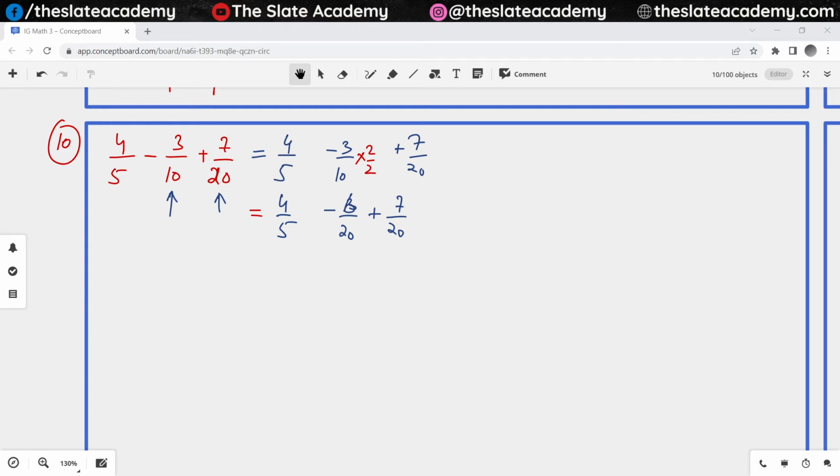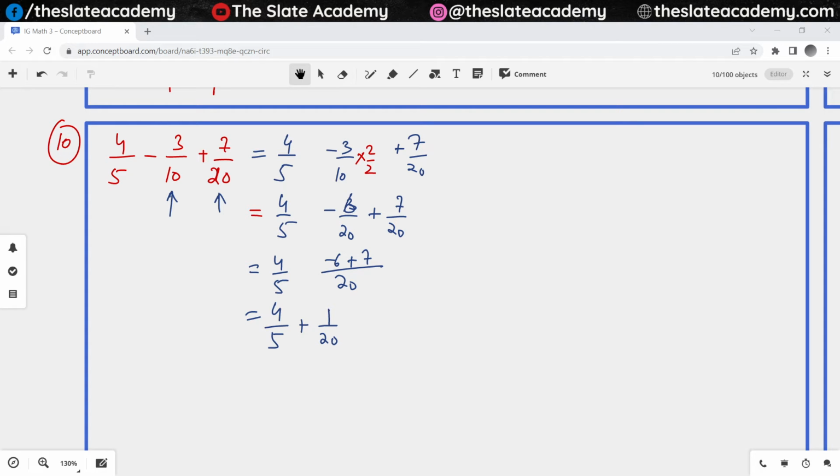And then this would become 4 by 5. Here 20 is the same, minus 6 plus 7. So minus 6 plus 7 would be 1. So it would become 4 by 5 plus 1 over 20.